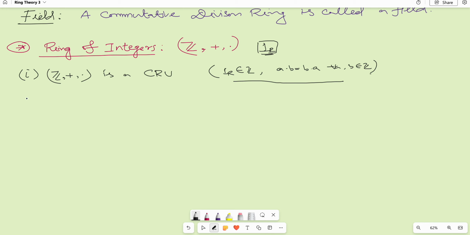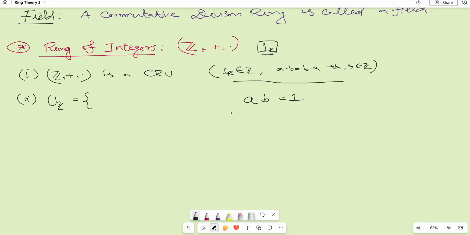The second property I am going to write is: what are the units of Z? U(Z) means the units of Z. A is called a unit if there exists b such that a dot b is 1.